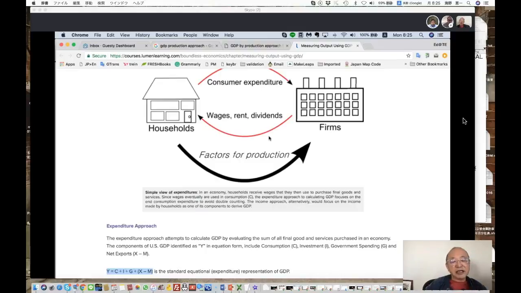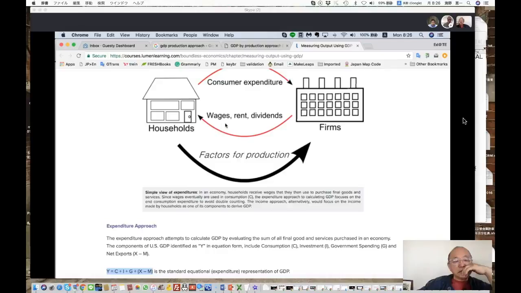Yeah, because I studied that when I was in high school, but I almost forgot. So I just tried to confirm. Do you see the difference here? If you would also include these things, then you would count them double, because the money that you get from the firms, you consume again. If you would also include wages and rent and dividend into the GDP measurement, these are more or less in balance.